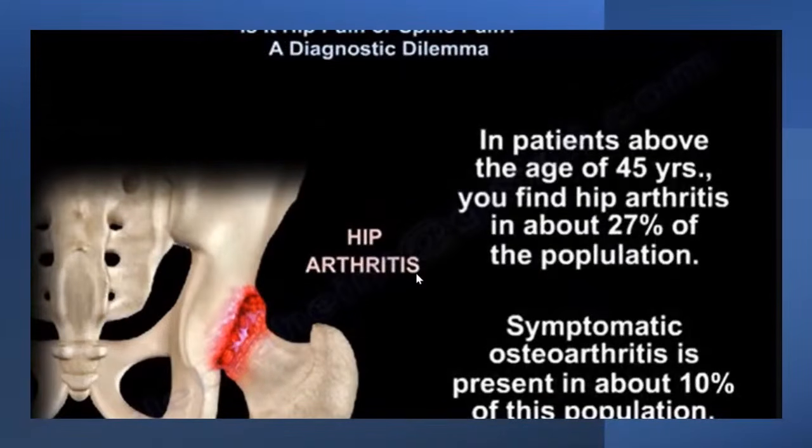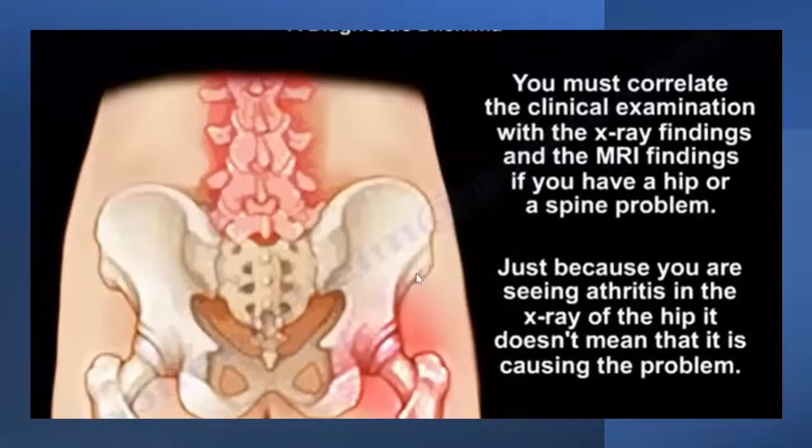In patients above the age of 45, you'll find hip arthritis in about 27% of the population, but it is symptomatic in about 10%. So if you get an x-ray and you see arthritis in the x-ray, it doesn't mean this is the source of pain for the patient.